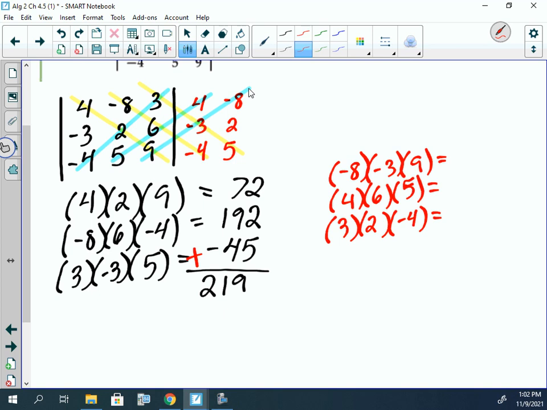And then we'll just multiply these together. So we'd take 8 times negative 3 times 9, which would give us positive 216. 4 times 6 times 5, it should be 120, because those should all three be positive. And 3 times 2 times negative 4, negative 24.